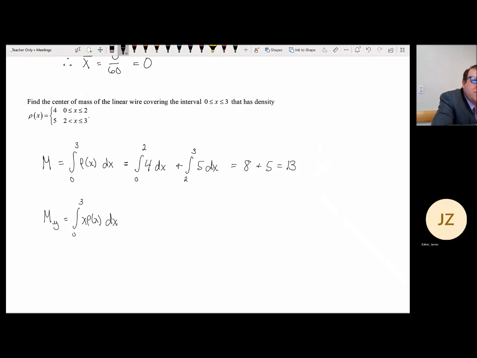Y moment. Integral from 0 to 3 of x times your density. All right, again, density is piecewise, so this is going to be split up.